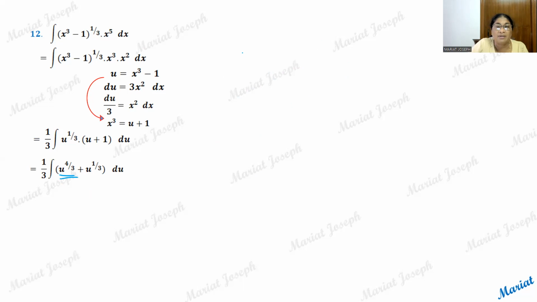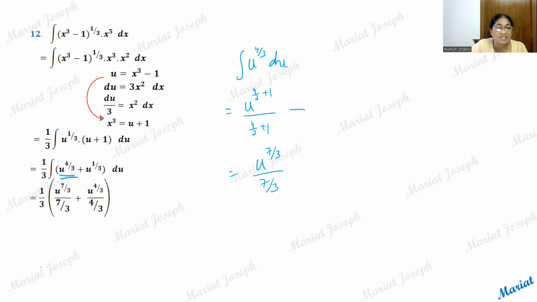U raised to the power 4 by 3. Integral is u raised to the power 4 by 3 plus 1 upon 4 by 3 plus 1. That is u raised to the power 7 by 3 upon 7 by 3. Then u raised to the power 1 by 3.